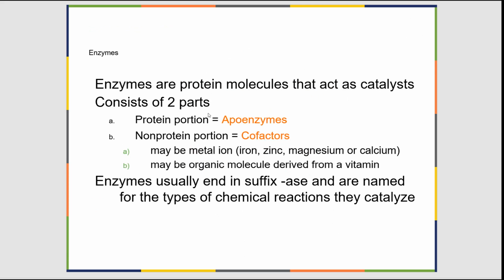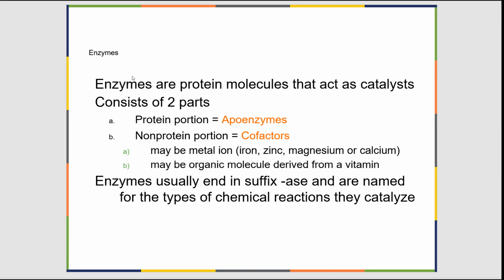Okay, enzymes. I told you we were going to talk about enzymes a lot. Enzymes are proteins. Okay, so an enzyme is a whole bunch of amino acids in a particular shape that is going to act as this little canister that's going to catalyze reactions.